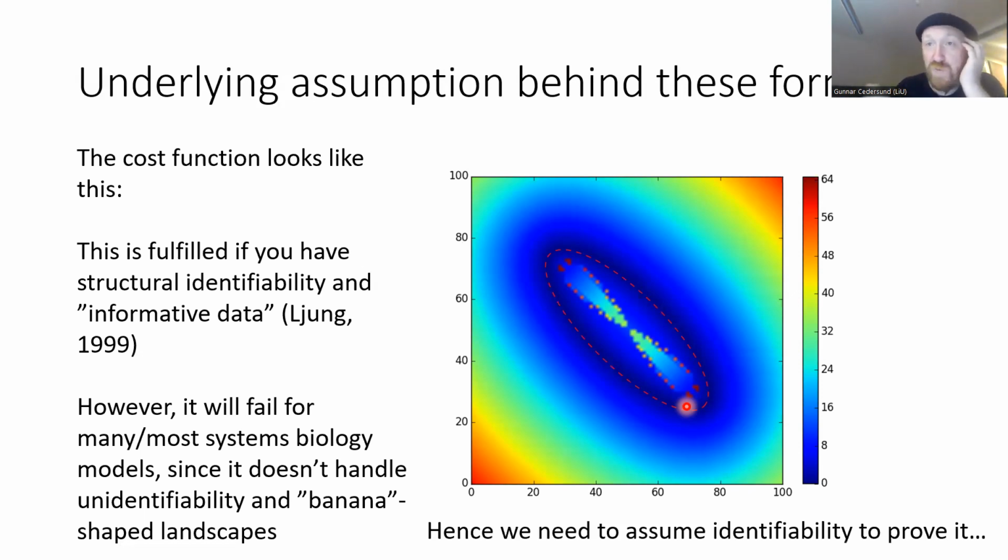So basically here we need to assume that the system is identifiable for us to know that we can apply this approach, and the approach is used to determine if it is identifiable or not. So it's really putting things backwards, and that's why I strongly advocate against using this approach, because it's really not meant to be an identifiability analysis to know if the parameters are identifiable if we don't know it, so to say.